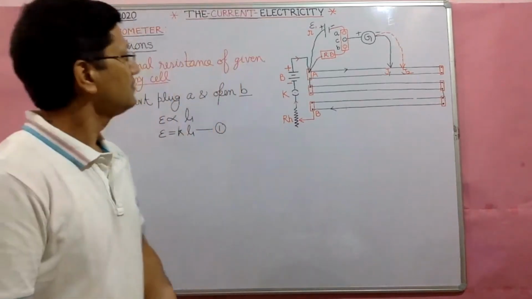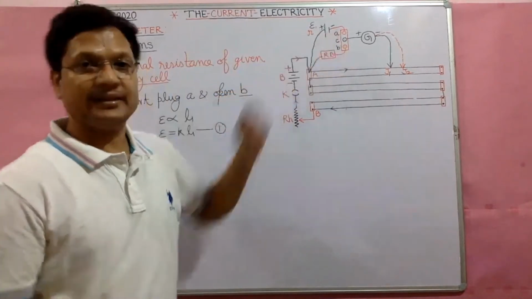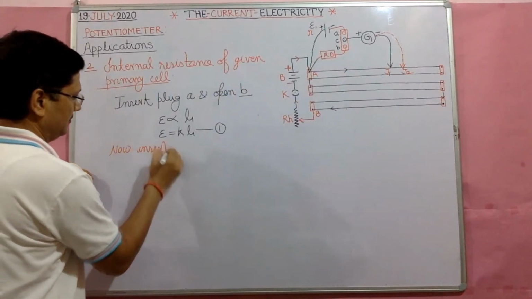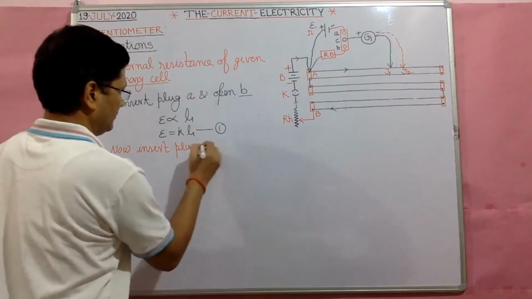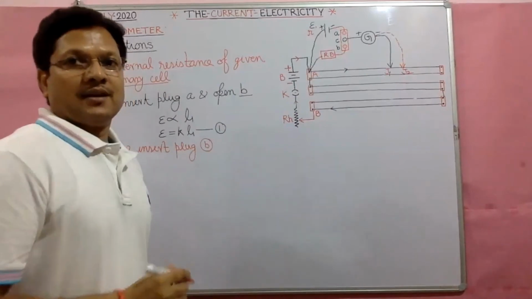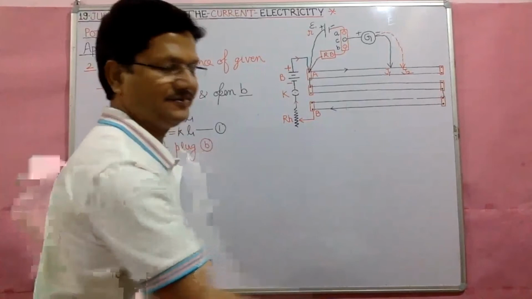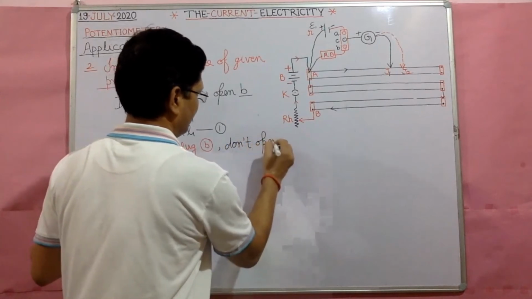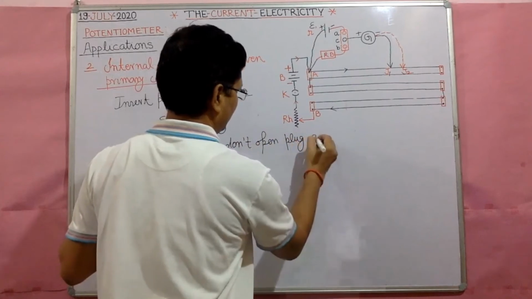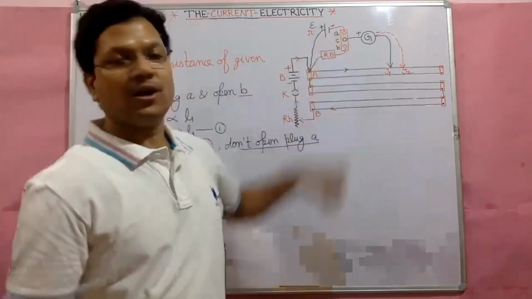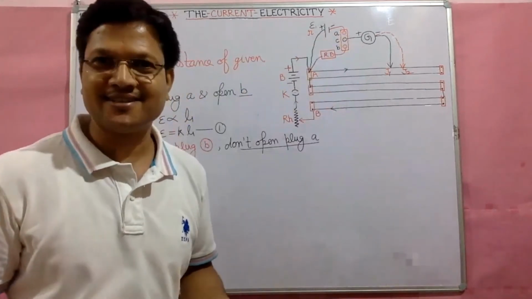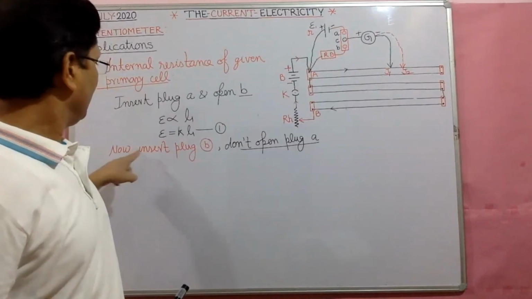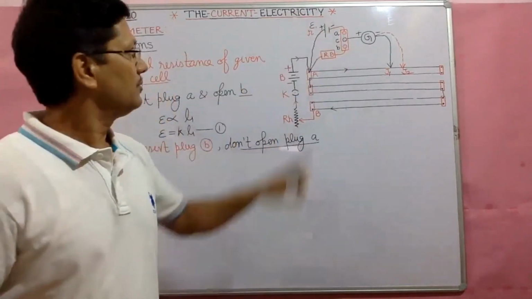Now, insert plug B. And don't open plug A. सेल को हमें सर्किट में लगे रहने देना है. अगर सेल हटा दिए तो इंटरनल रेजिस्टेंस कैसे निकालें? कुछ बच्चे भूल जाते हैं इसका. सो रिमेंबर, इन सेकंड केस, फर्स्ट इंसर्ट प्लग बी, हम इसमें प्लग लगा देते हैं लेकिन ए को रिमूव नहीं करते.